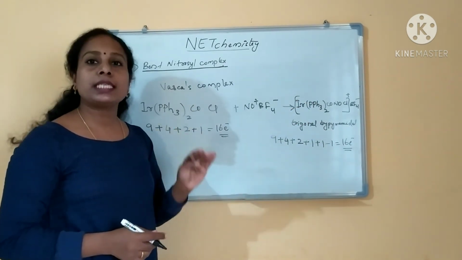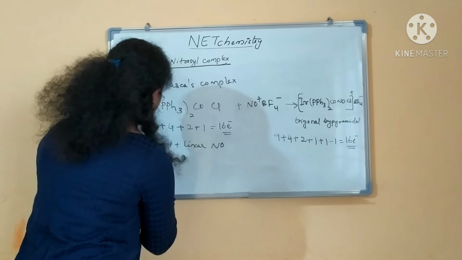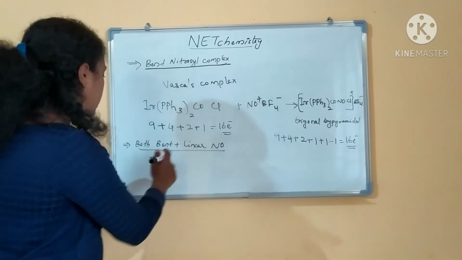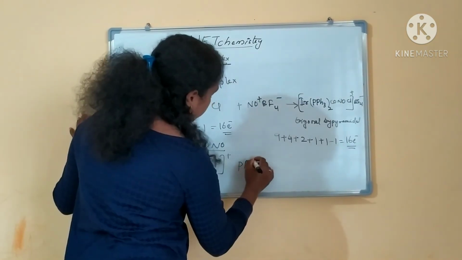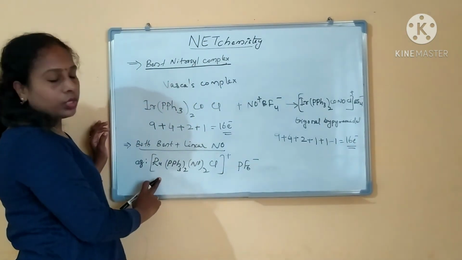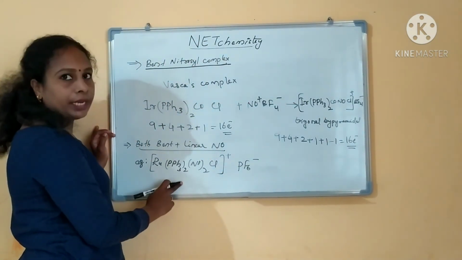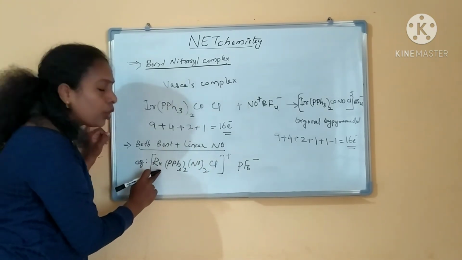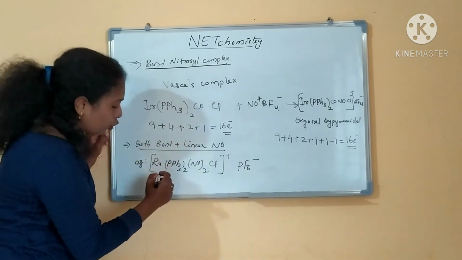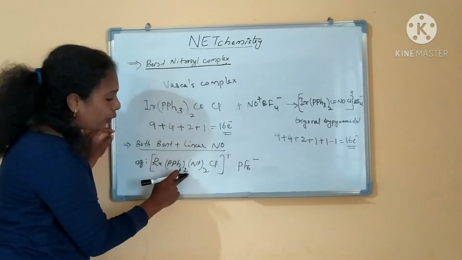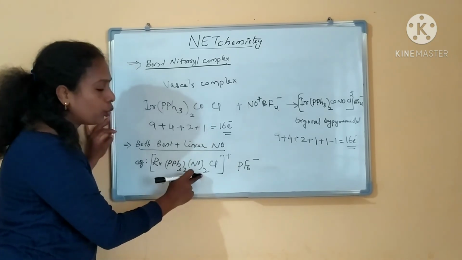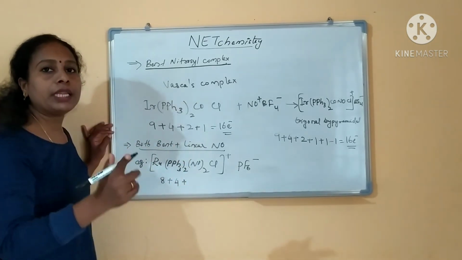So we will see the mixed nitrosyl complexes. I am writing an example with both bent and linear nitrosyl. You can calculate the 18 electron rule. Ruthenium, in the group iron, ruthenium, osmium, donates 8 electrons; the 2 ligands give 4, and here there are 2 nitrosyls, one bent and one linear.